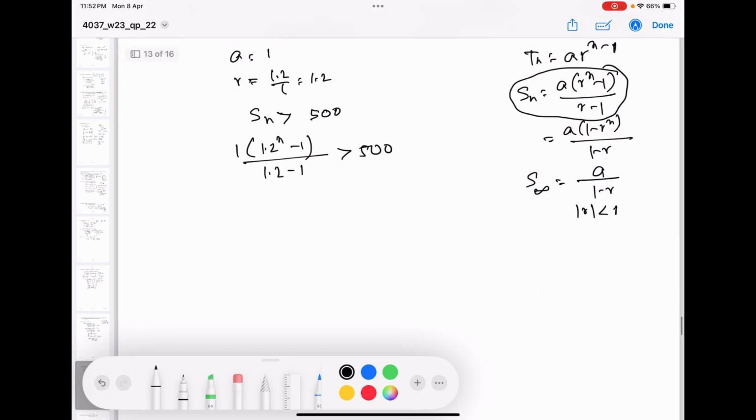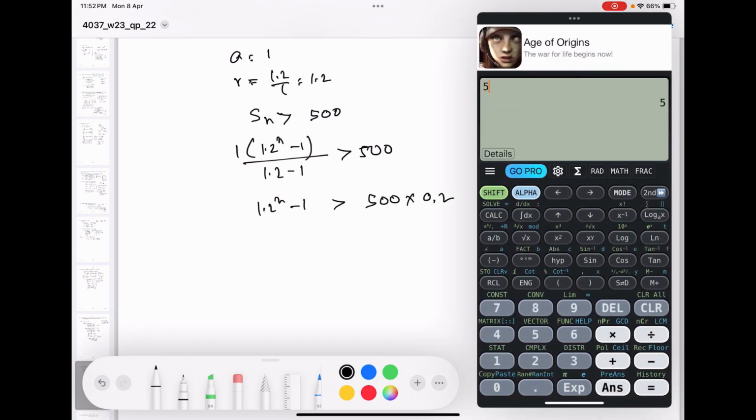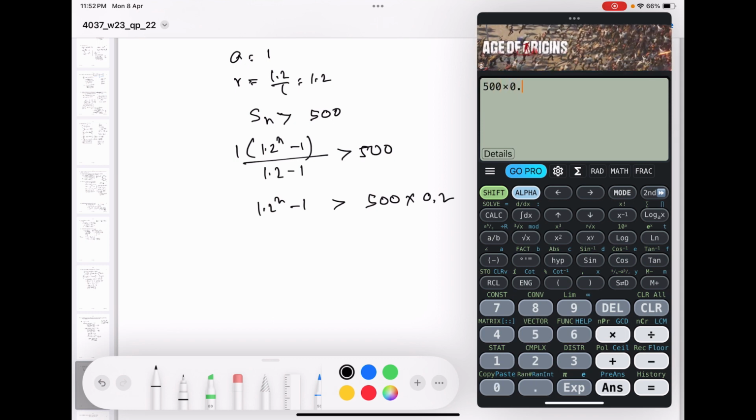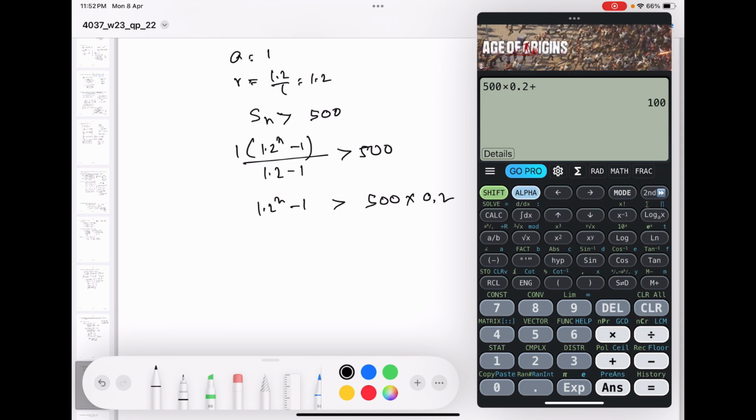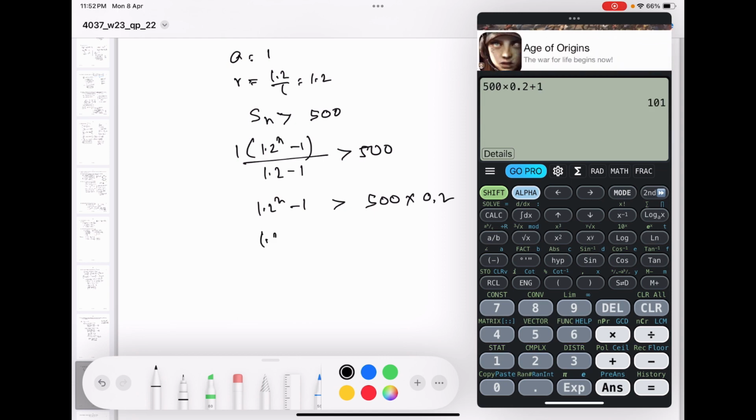Let us simplify this. 1.2 minus 1 is 0.2, so 1.2 to the power n minus 1 is greater than 500 times 0.2. 500 into 0.2 is 100, plus 1. So let me write 1.2 to the power n greater than 101.